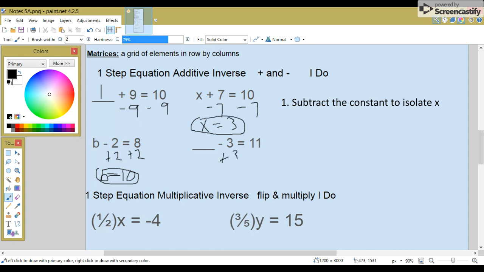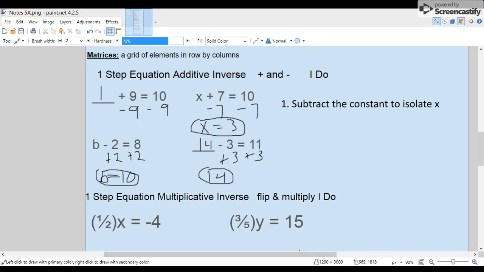Add 3 to both sides of the equation. We have 14 is what goes in the blank. So for these, we add the constant to isolate the variable x.